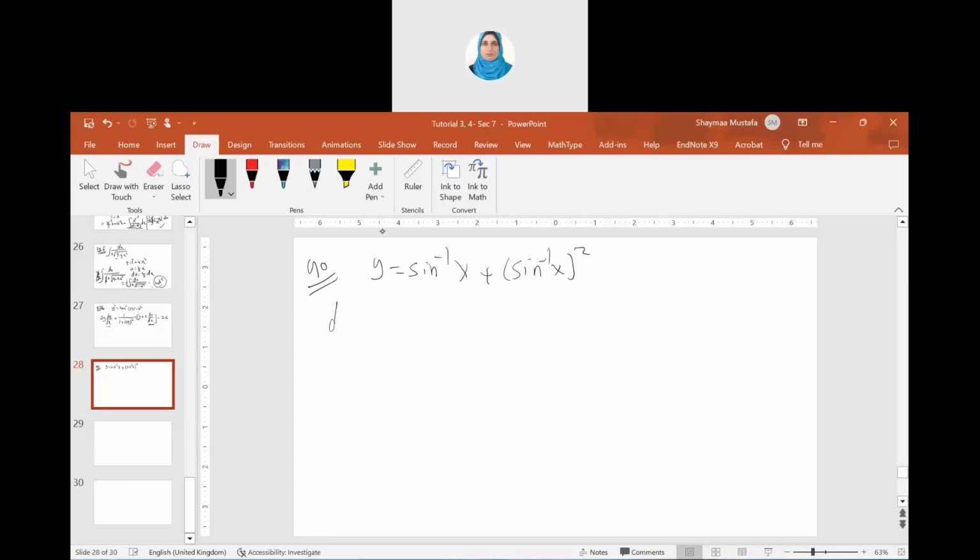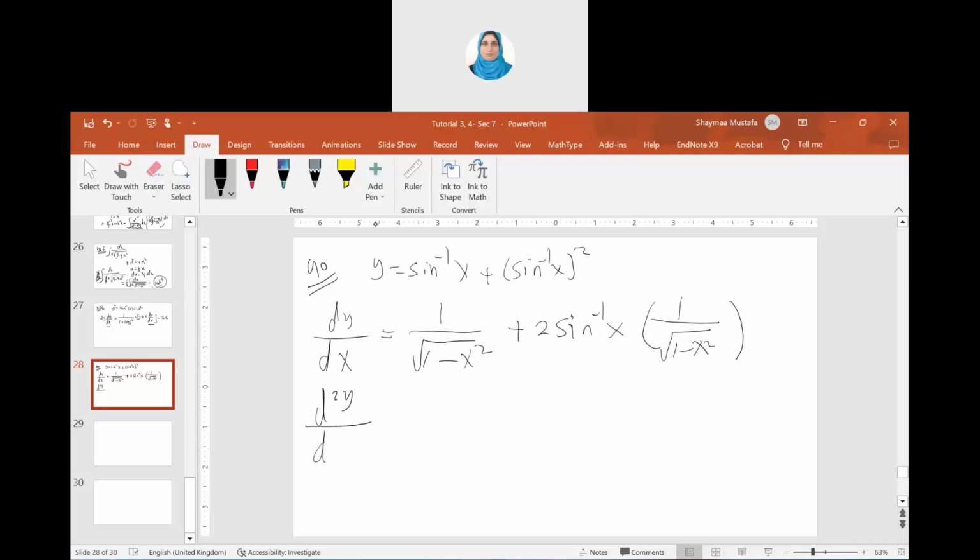Okay, first calculate dy over dx. I think the formula for the derivative of sine inverse is 1 over the square root of 1 minus x squared, plus 2 sine inverse x multiplied by 1 over the square root of 1 minus x squared.